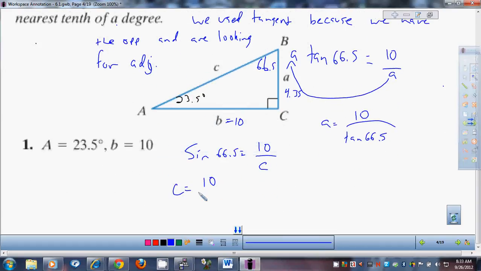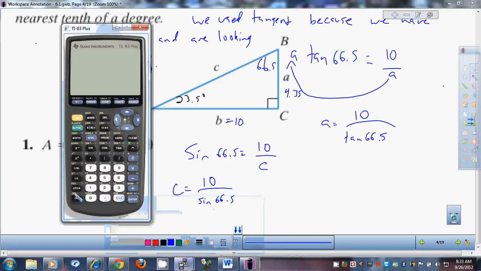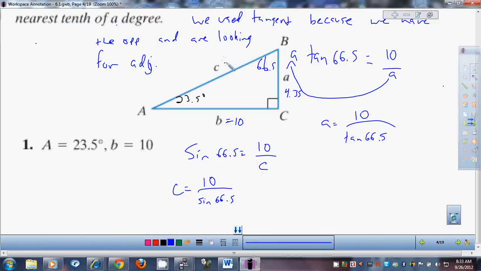C equals 10 over sine 66.5. So 10.9. And now we have solved the triangle. We have every side and every angle.